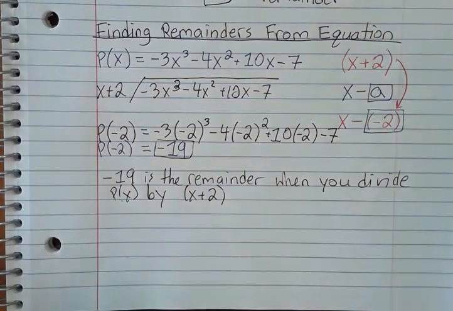And I would know that was the answer before I even had to do long division. And that covers an example of finding a remainder from an equation without having to do long division.